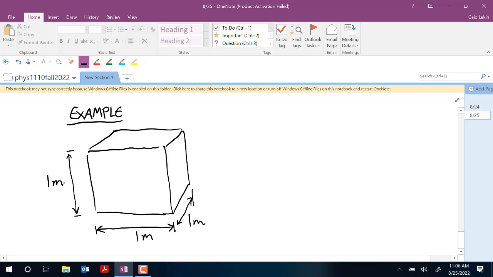And let's say it's hollow and you can open it up and fill it with stuff. How many 1 centimeter cubes could you fit inside this 1 meter cube?